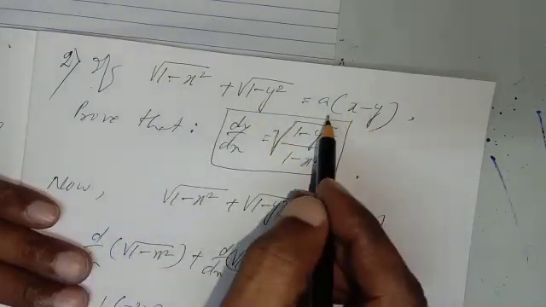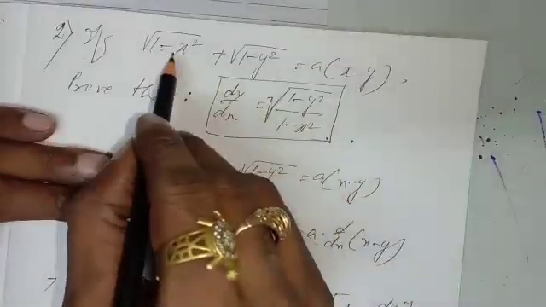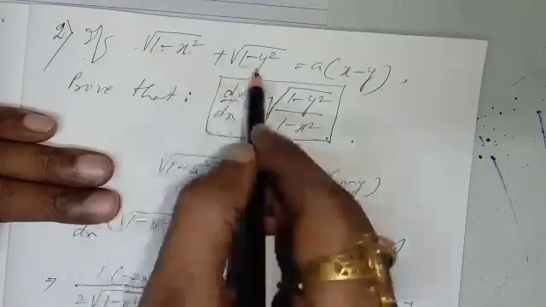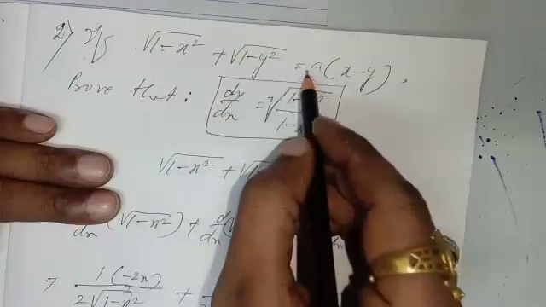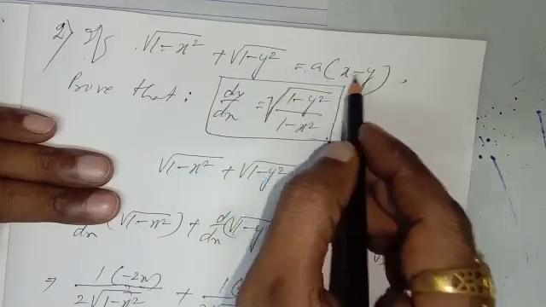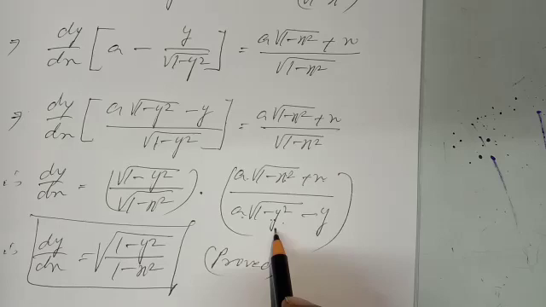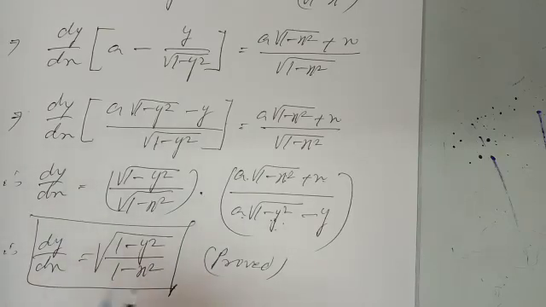Multiplying a both sides, this will be a square root of 1 minus x squared, a into square root of 1 minus y squared equal to a squared x minus y. After that, if you arrange, then this part will be equal to this part. That means this by this is equal to 1. Only proper arrangement is required, taking the help of the given part, and it will be clear. This is equal to 1. Let us go to the next one.